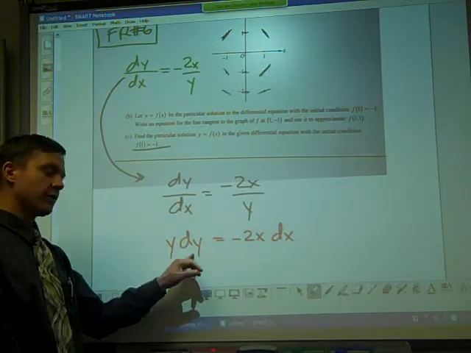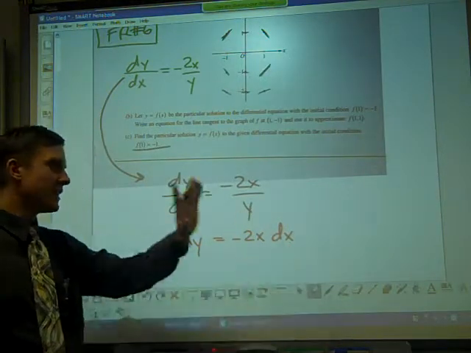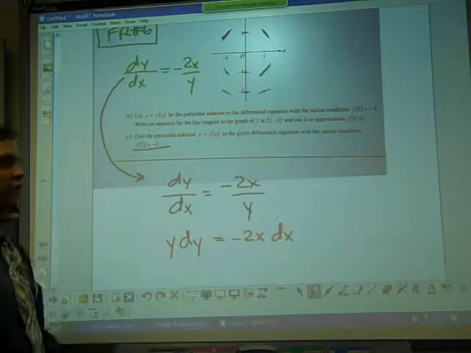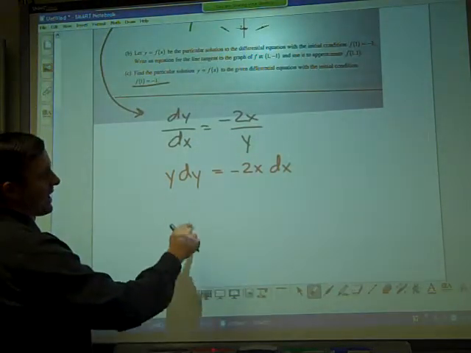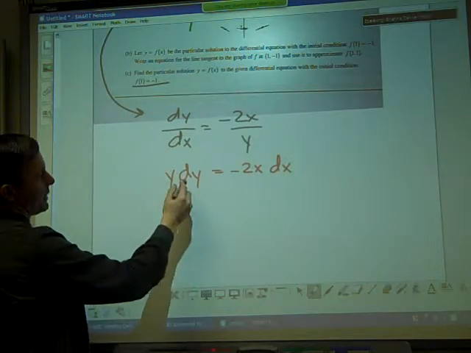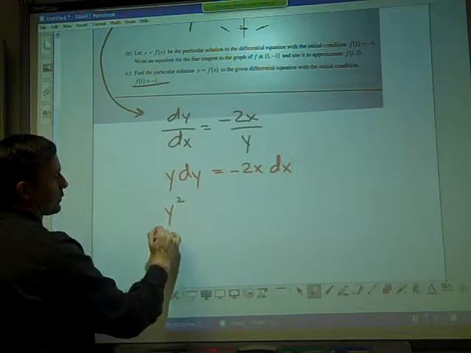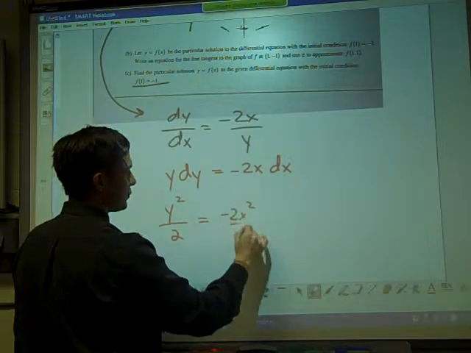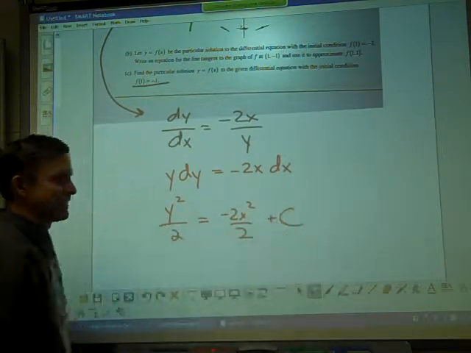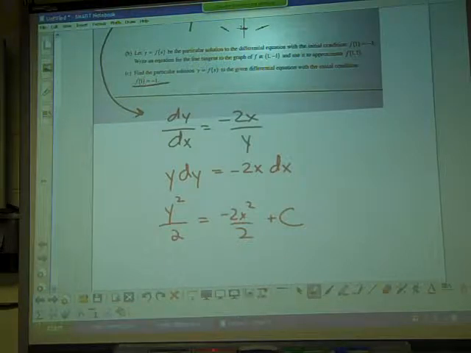Now, since all the y's are on the left, all the x's are on the right, we can integrate both sides, okay? If I integrate both sides, I end up with y squared over 2 equals negative 2x squared over 2 plus the constant. Don't forget the constant, that's going to be a point.